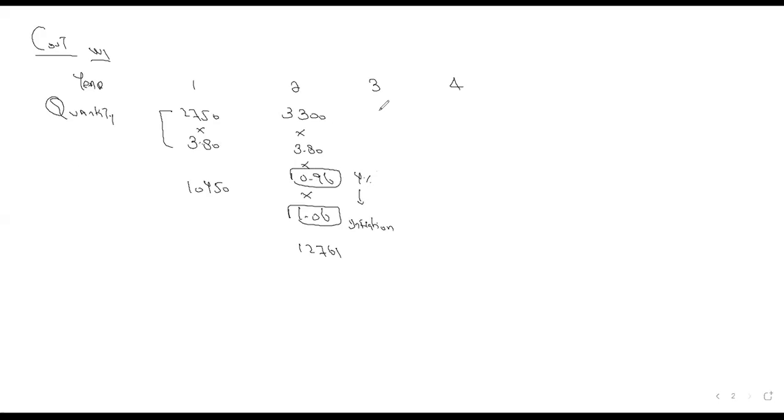Now the third year units were given as 4,150, again at 3.80, but the 4% fall was per year. This is the base year, so from the base year, this was year 1, and this is now 2 years.